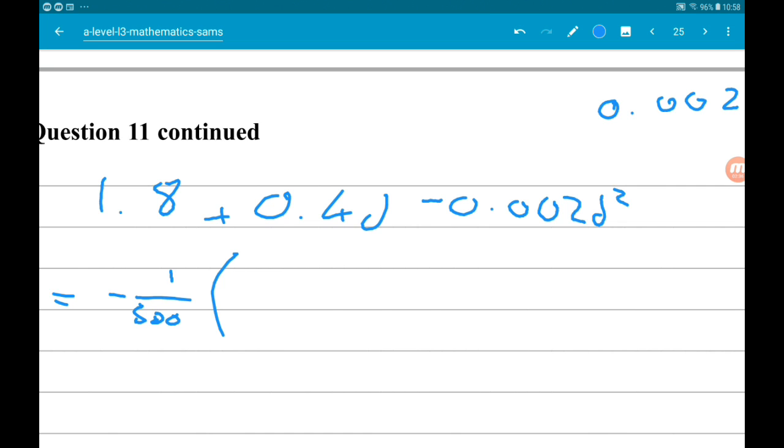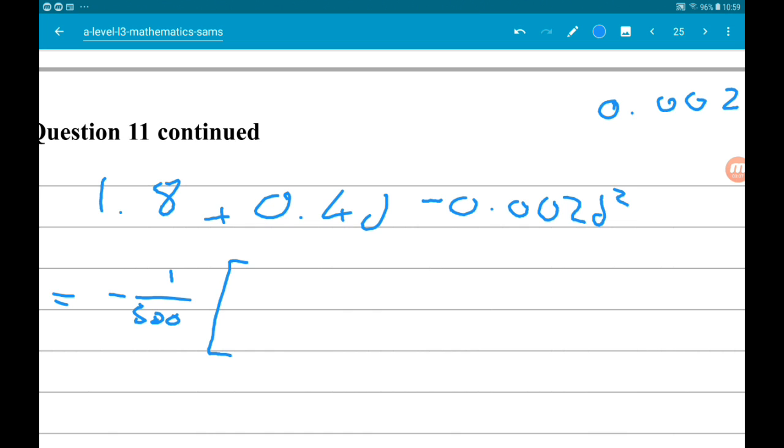So all that we're doing now is inside, let's use square brackets. Inside the square brackets, because we've taken out a factor of minus 1 over 500, we need to multiply everything inside by minus 500.